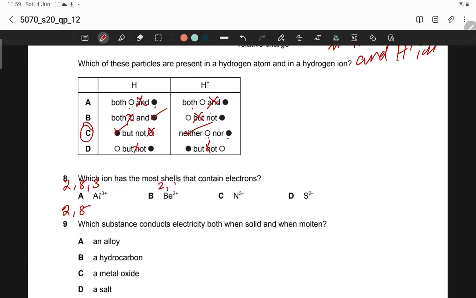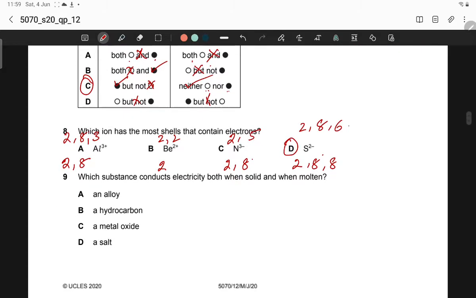Beryllium 2 and 2, and beryllium ion 2. 2 and 5 atom, and 2 and 8 ion. 2 and 6 is the atom. So D must be the correct one.